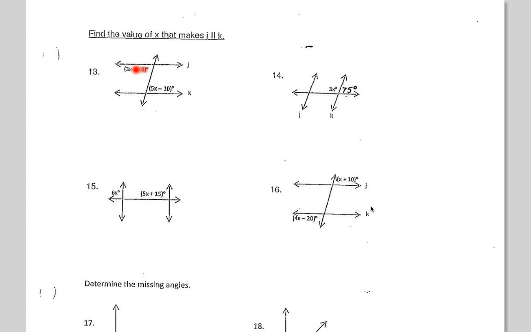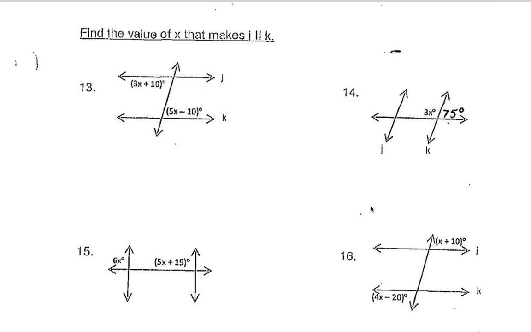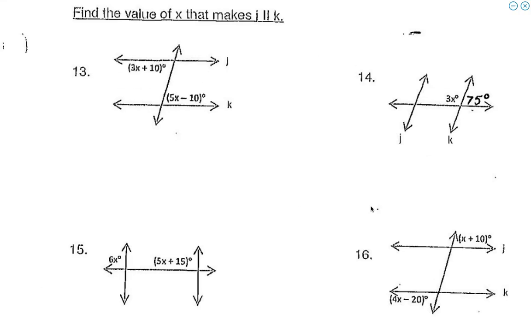So basically, you want to say, how do these two angles relate? Do they relate in a way that they should equal? Or should I add those two things up to equal 180? And I'll just set them up. I'm not going to go through and solve them all. So we'll just identify them and then we'll set up the equations. These two angles are alternate interior angles, so they should equal each other.